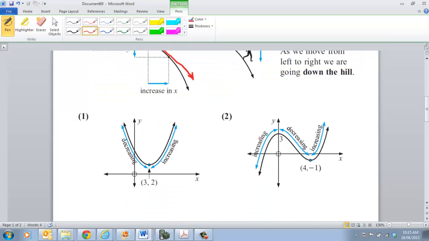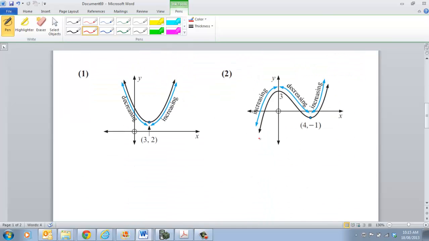Now, here's another little illustration in your textbook. A function's decreasing for this portion, it's increasing for that portion there, increasing here, decreasing, increasing. If I was describing where it's decreasing here, we'd say it's decreasing when x is less than 3.